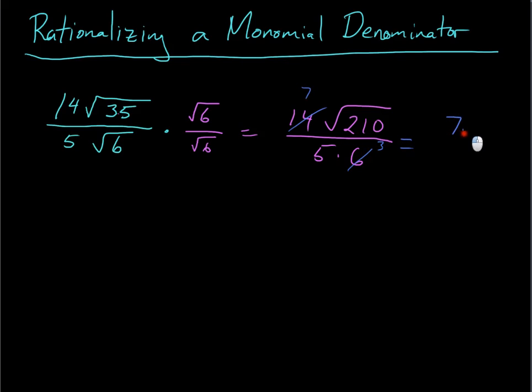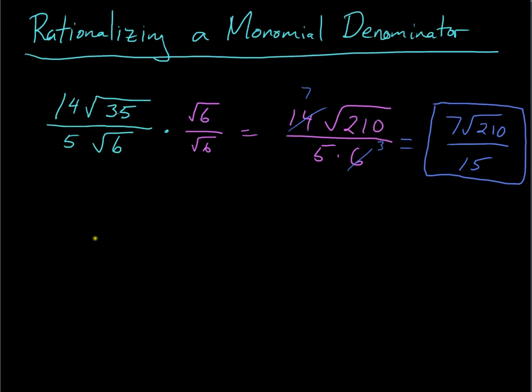So I've got 7 root 210 over 15. And the only question is, does any square go into 210? 4 doesn't go, 9 doesn't go, 25 doesn't go, 49 doesn't go. So I'm starting to doubt that any of them are going to go. So let's just call that good.